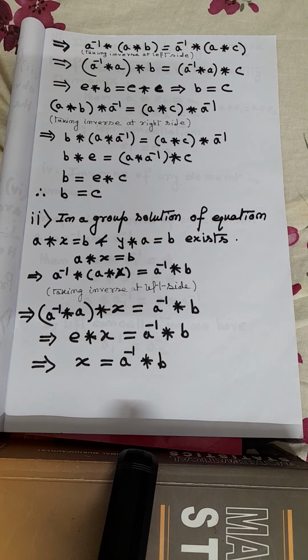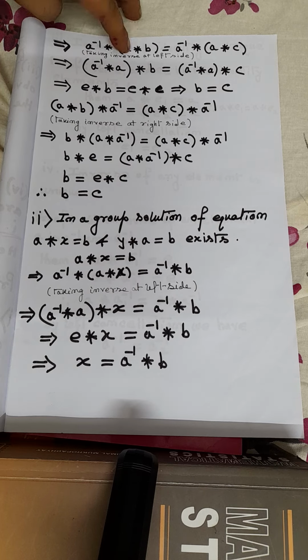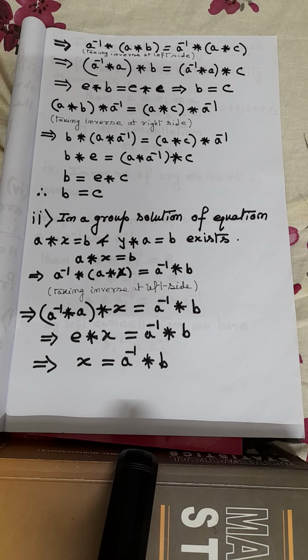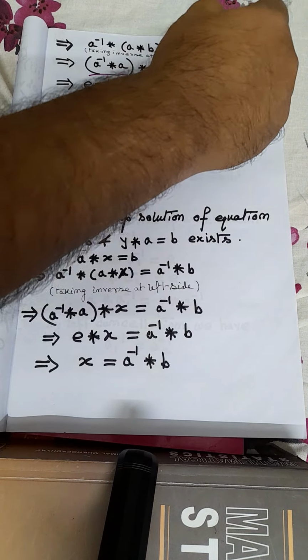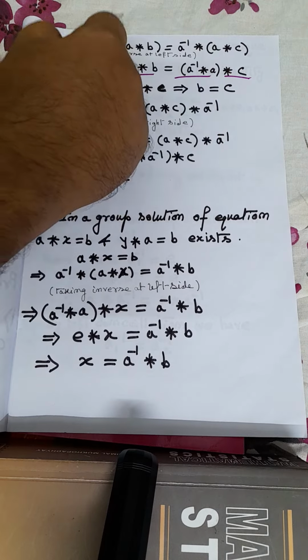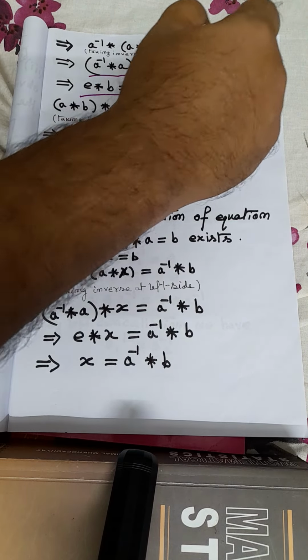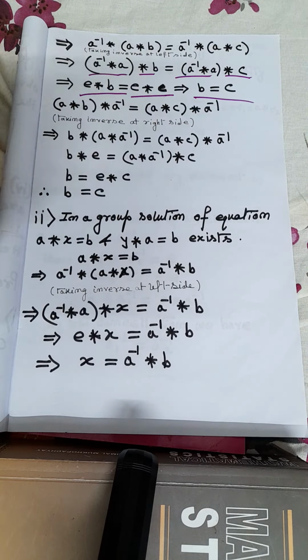We can take the inverse at the left side. We have taken a inverse at the left side. So a inverse star (a star b) equals a inverse star (a star c). Or you can say (a inverse star a) star b equals (a inverse star a) star c. That is e star b equals e star c, which gives us b equals c.